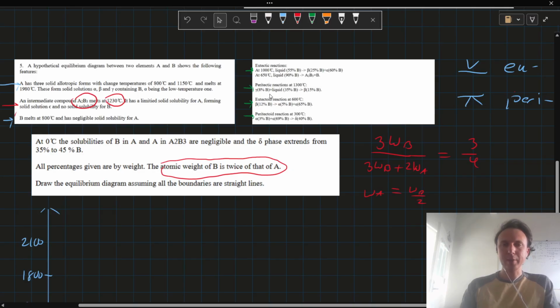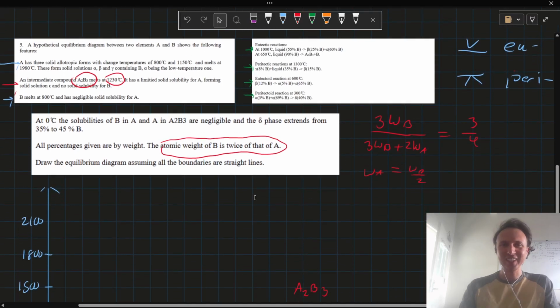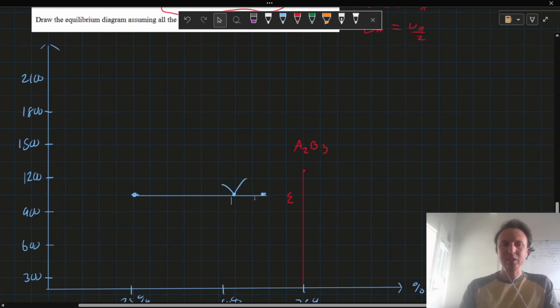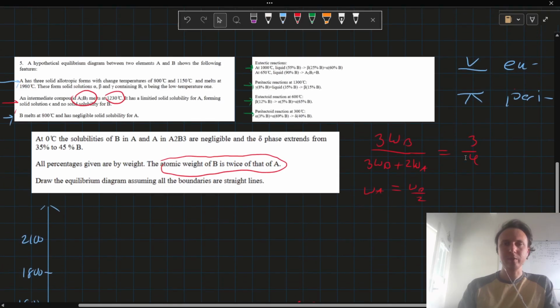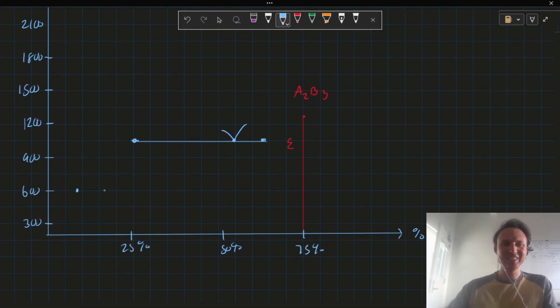Peritectic. We have at 1300 Celsius, we have 8% B, 35% B, and 15% B. So, oh my God, I just forgot that already. So 600 Celsius. We're going to have an 8% B, so somewhere in here. And then 8, 15, 35, somewhere in here.